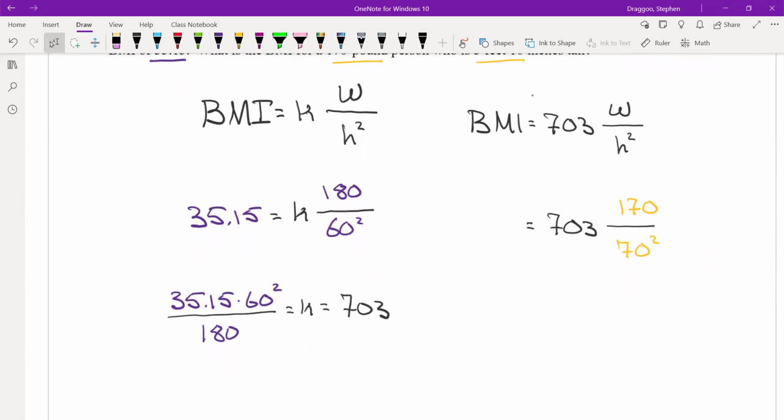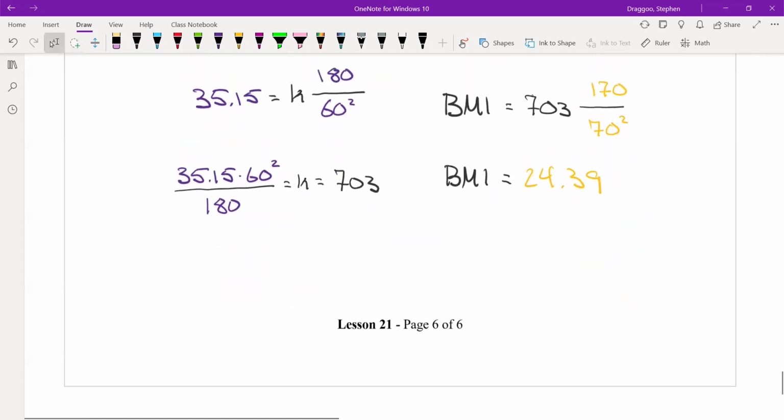So 170 over 70 times 703. I get a BMI of 24.39. And this is BMI the whole time. Right, and that's E5.